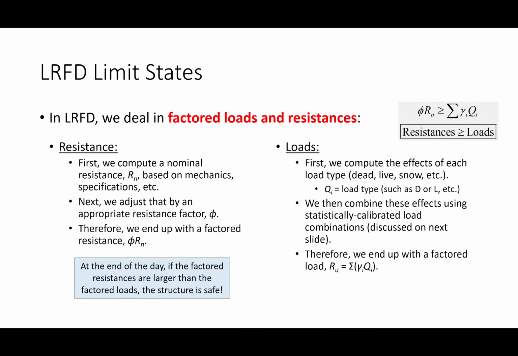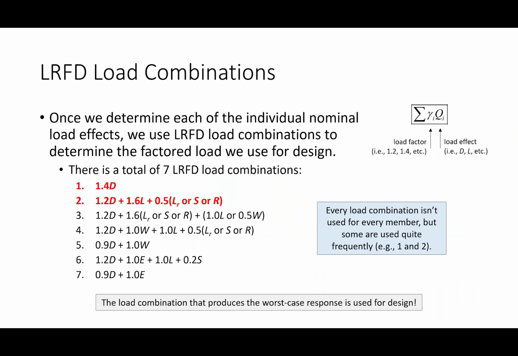Our factored loads come from our statistically calibrated load combinations, and our factored resistances come from the spec, where we compute nominal resistances and then adjust them by a resistance factor. Our LRFD load combos, there are all 7 of them, but really, as long as you know how to operate the first 2, that's going to get you through most of the design that you need to do. Those are the ones that are most frequent.